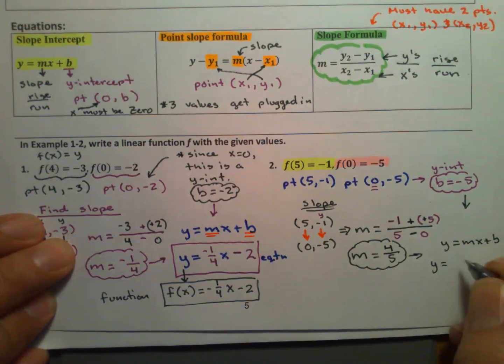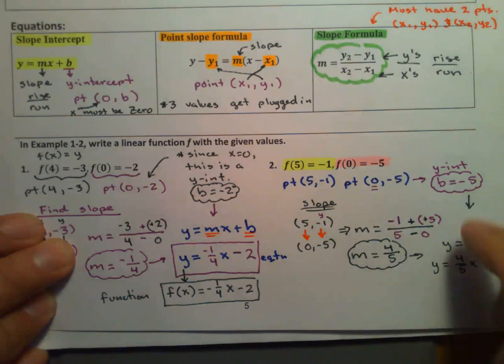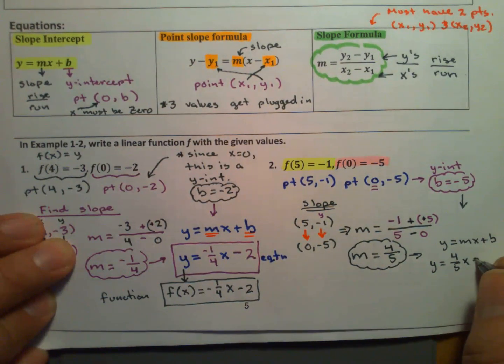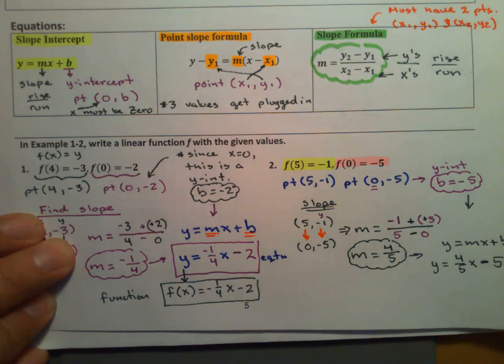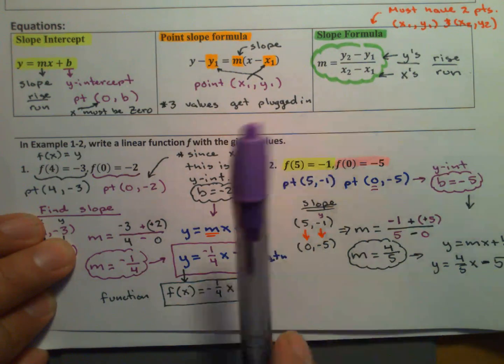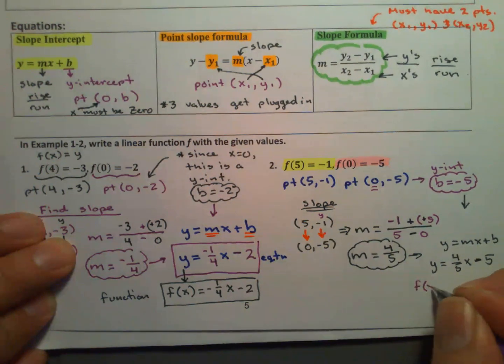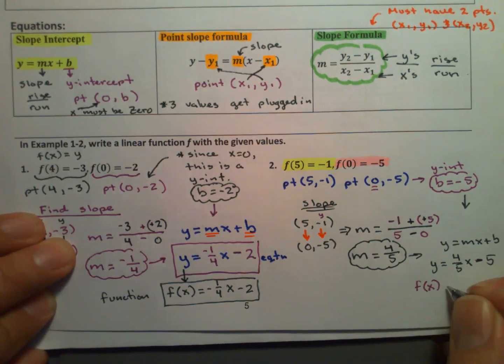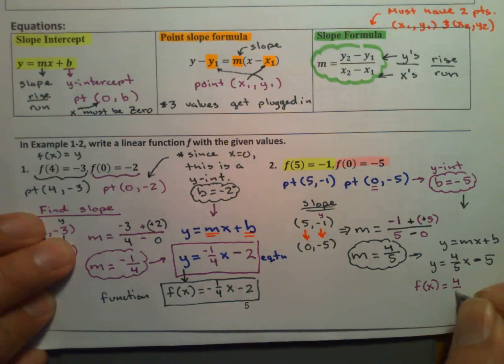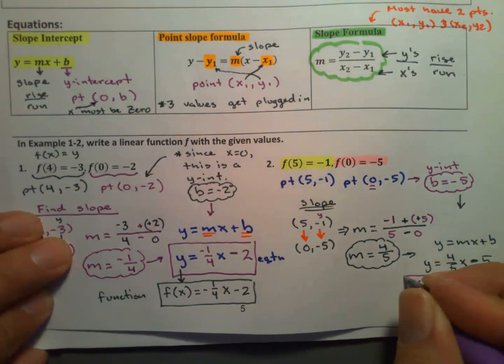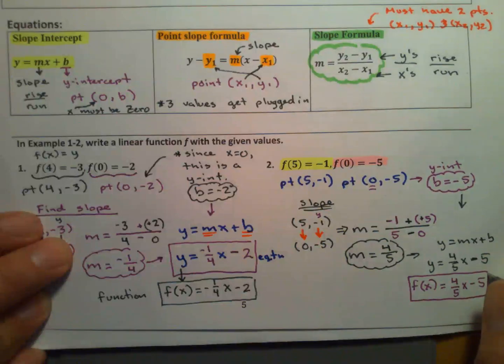Now my slope, 4 over 5 with an x. My y-intercept is -5, so we say minus 5. But they wanted a function. They said, give it the name of f. So then f of x, there it is. There's the only change I have to make. And then everything else gets written down. And just like that, we have our function.